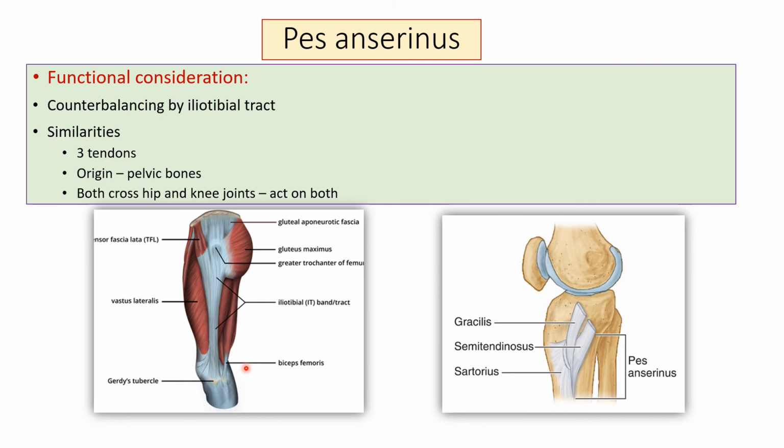So that is the similarity between the pes anserinus and the iliotibial tract. The origin of the muscles is from the pelvic bones, and they are getting inserted into the upper part of the tibia, one on the anteromedial, one on the anterolateral aspect of it. Both these are crossing the hip joint and knee joint. Not only that, they are acting on both hip and knee joints.